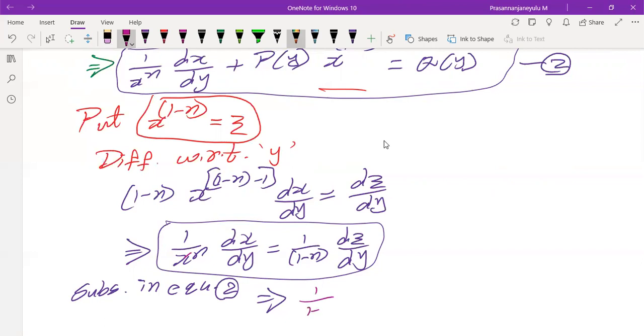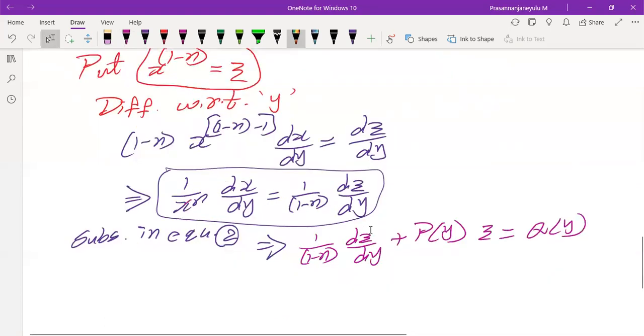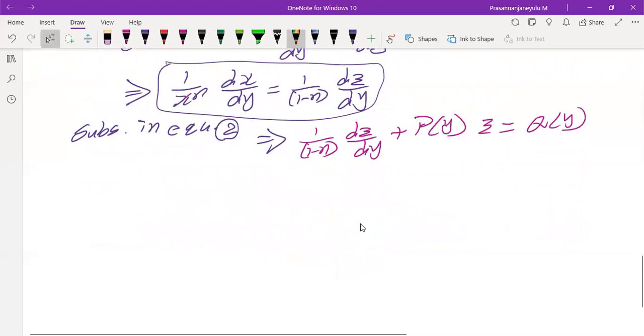1 by 1 minus n into dz by dy plus p of y into x power 1 minus n. What is x power 1 minus n? Substituted as z, equals q of y. So on both sides, multiply with what? The dz by dy coefficient should be 1, but here it is 1 by 1 minus n.